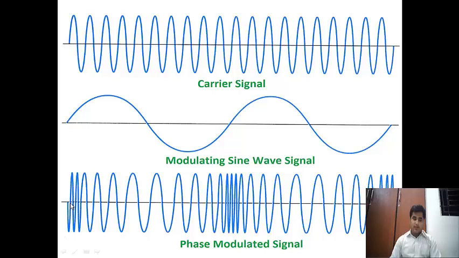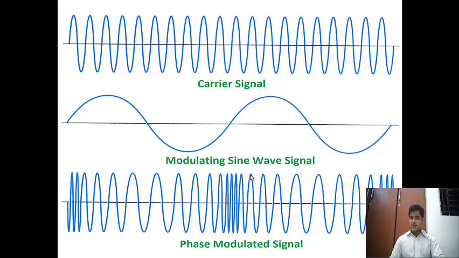It starts from the negative direction. Similarly, at that point it's going in the negative direction, but it is in the positive direction. So similarly, it will change its phase. This is the overall normal view of analog modulation.